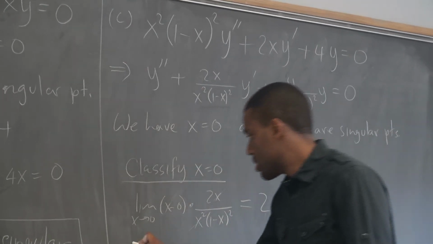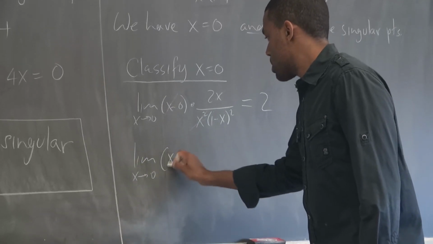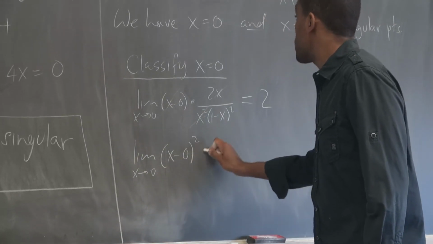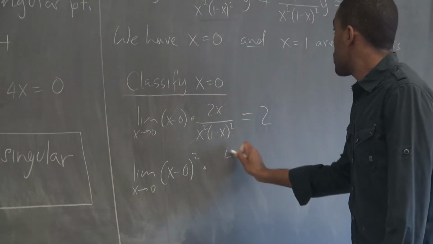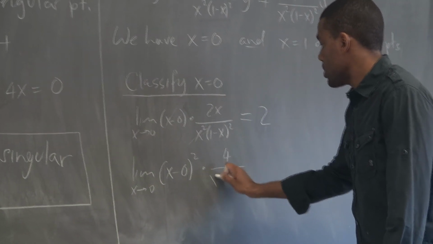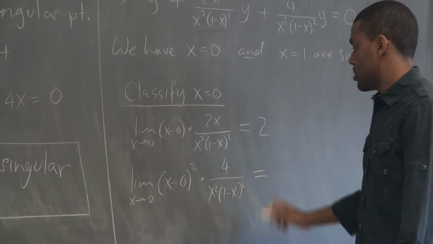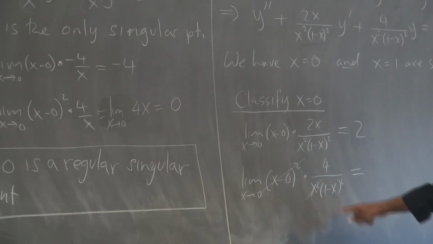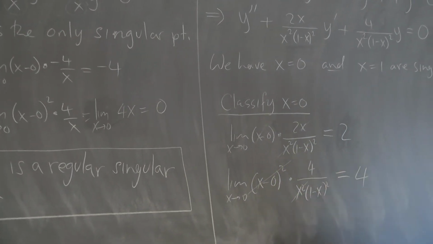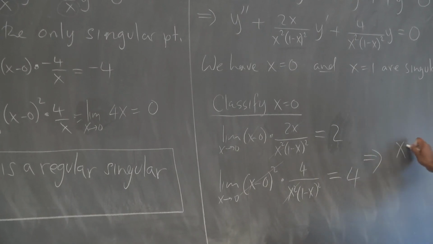So that's finite. Limit as x approaches 0 of (x minus 0) squared times 4 over x squared times 1 minus x squared. This x squared would cancel that x squared. Plug in 0 now, I get 4, both finite. So this means x equals 0 is regular.